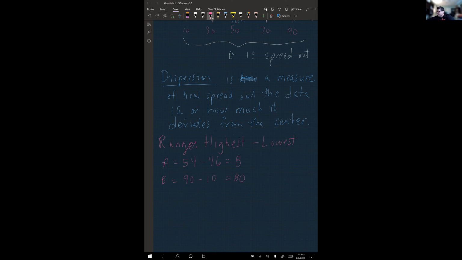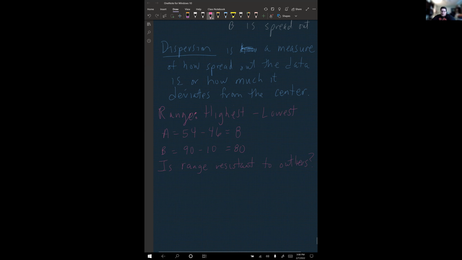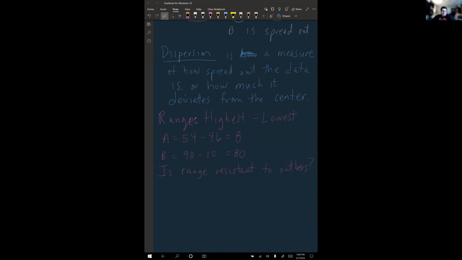Is range resistant to outliers? Well, we can check, right? It's not resistant. That's correct. Rather than trying to put words to the why, it's easier to show.